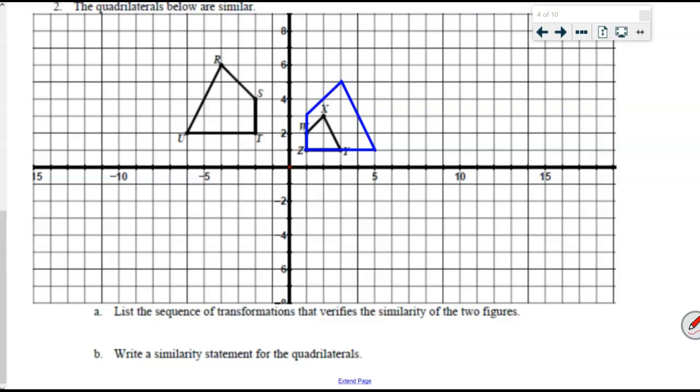So let me get caught up on all the things that we've said. We're going to start with quadrilateral RSTU. We translated it down 1 and right 1 unit. Then we did a reflection over the y-axis.